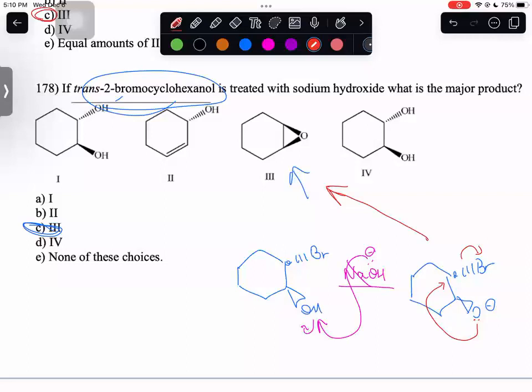What he's trying to test you for is the Williamson reaction. I didn't notice that when I was making this review. So yes, they're both the same functional group. Epoxides, that's usually what you see whenever you have an intramolecular reaction. So yeah.